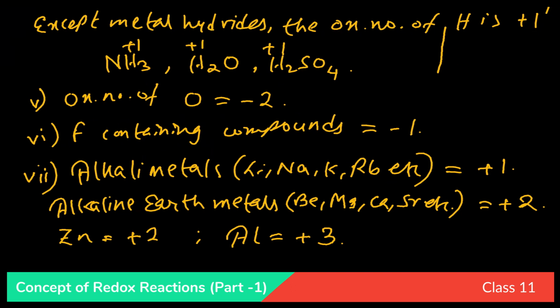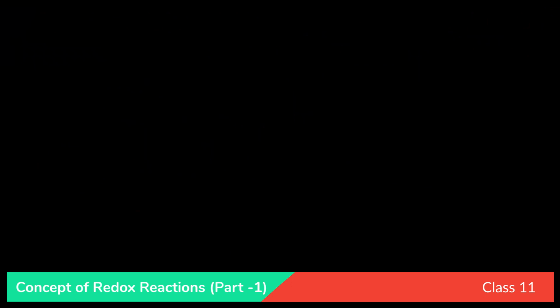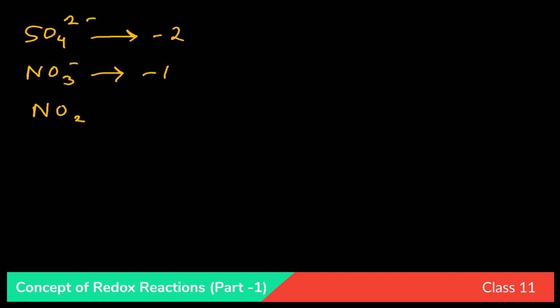Now, there are certain ions which have some definite value of their oxidation numbers, such as for sulfate ions, SO4 2 minus, the oxidation number is -2. Similarly, for nitrate, NO3 minus, it is -1. For NO2 minus, it is also -1.